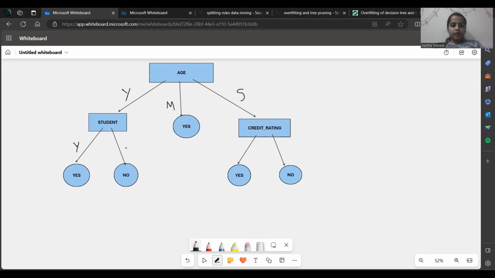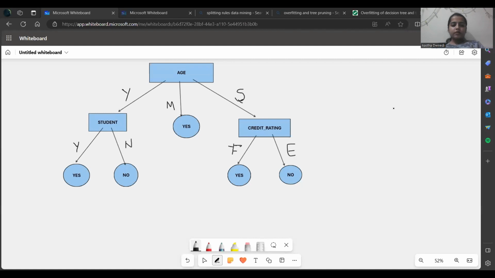If student is yes, then it will be yes, and if student is no, it will be no. In middle aged, we only have one result, that is yes, and in senior, we will see credit rating. If credit rating is fair, it is yes, and if credit rating is excellent, it is no. So this is question number 2.